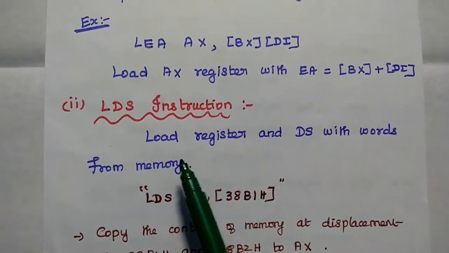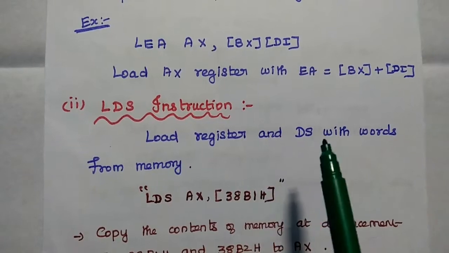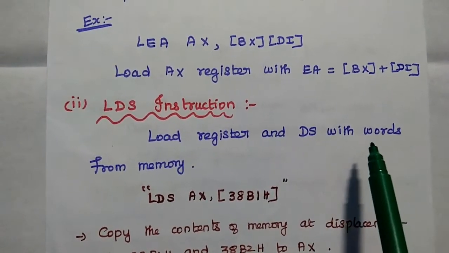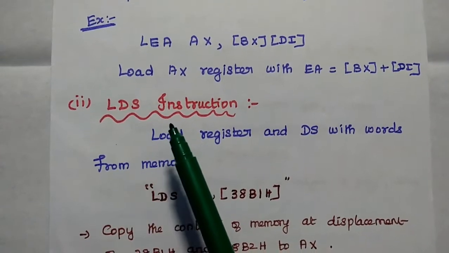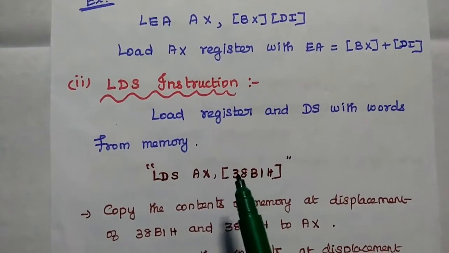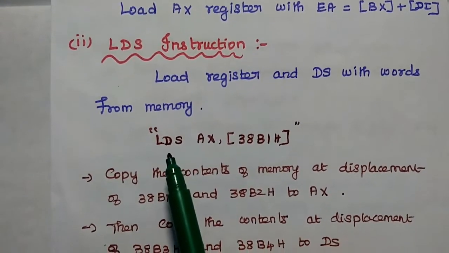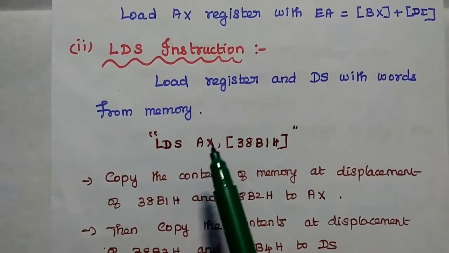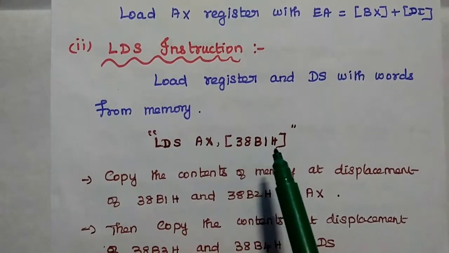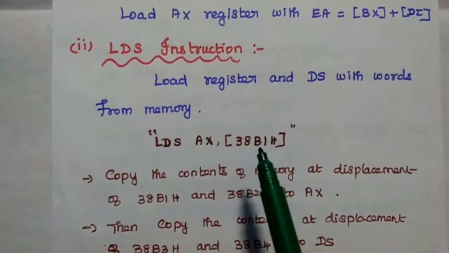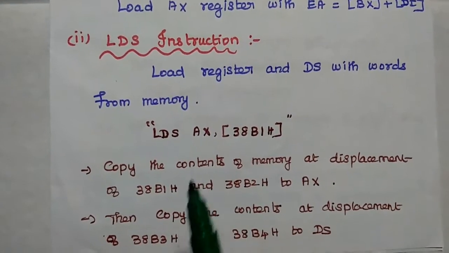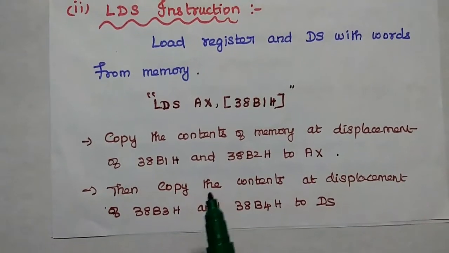That means load register and data segment with words from memory. So you have to remember this. DS represents the data segment. So this format is given here as LDS AX 38B1H. So we are going to get that value from this location and move that value to this AX register.